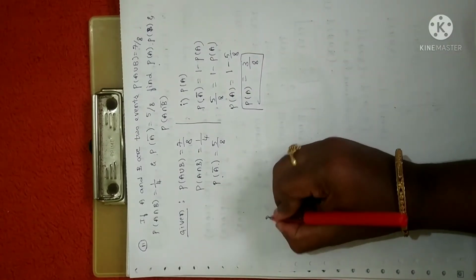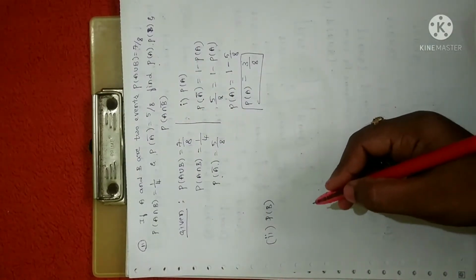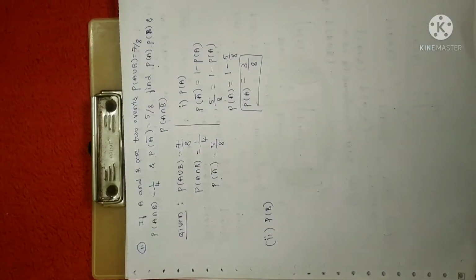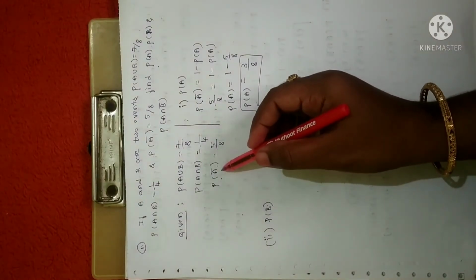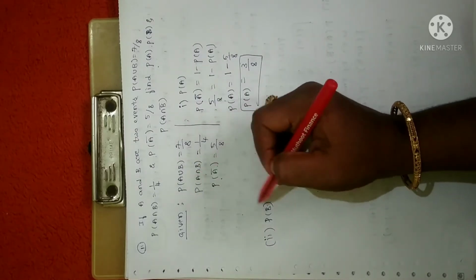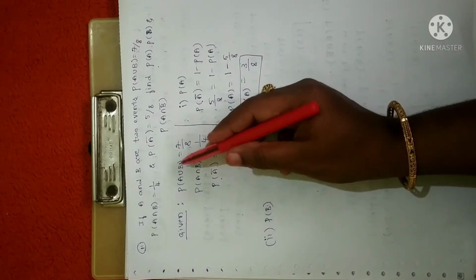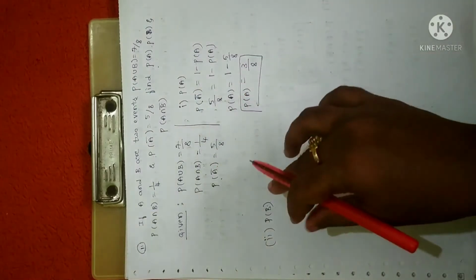Next, similarly, let me find probability of B. Second one, we have to find probability of B. But you can note that to find the probability of B, we don't have its complement here. So we have union and intersection and probability of A. We have to make use of these two given data in order to find the unknown. Within the given data only you have to find the unknown.